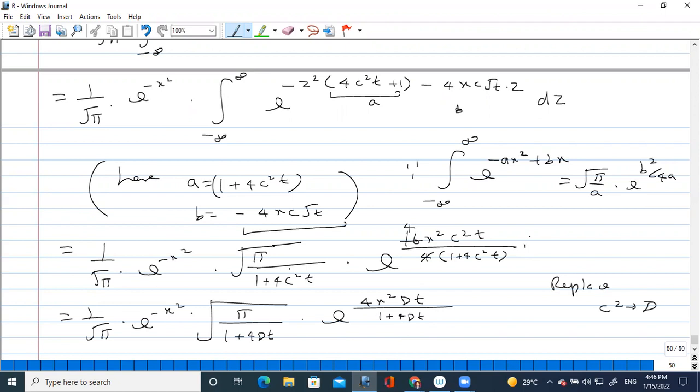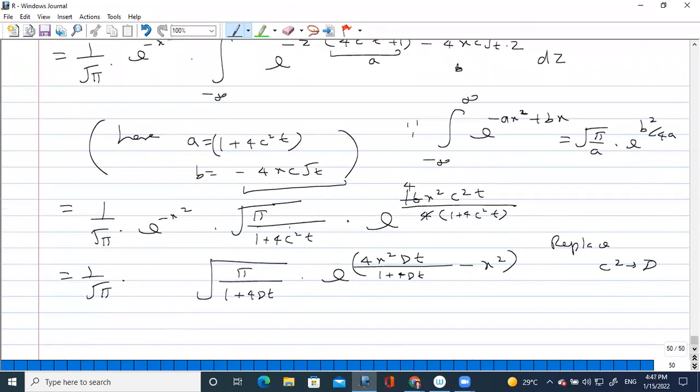Sorry, x square is also there, no? No, leave it. Because that I can multiply, no? This e to the power minus x square, it is here. So that I can multiply here, means it will be added here. So you remove it from here because of the exponential power, no? So this will become minus x square also. So it is the answer.